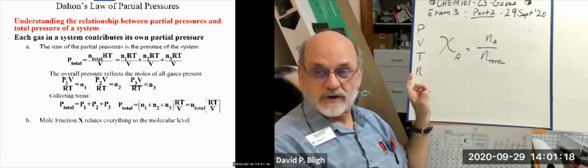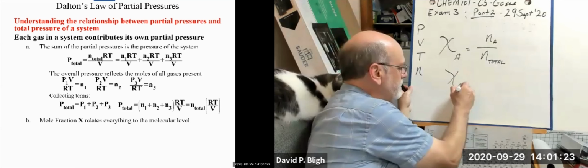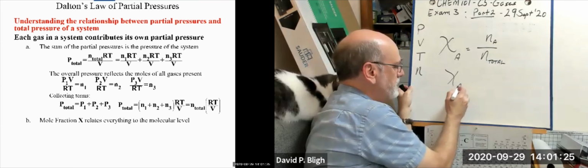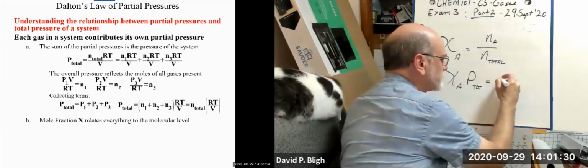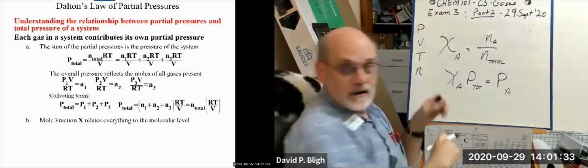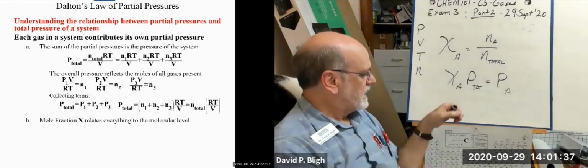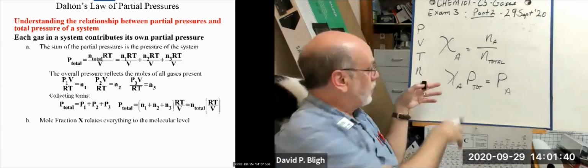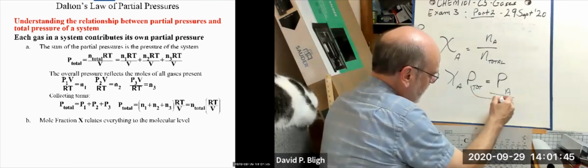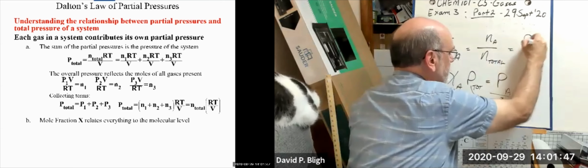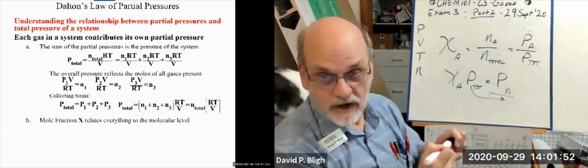So if we measure pressure in atmospheres, and we know the mole fraction of A, then the mole fraction times the total pressure is equal to the pressure of A. And we can also solve that for mole fraction. If we take this over here, put it down here, then we get that ratio.